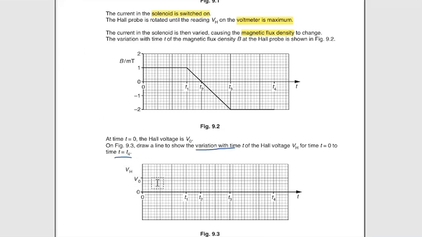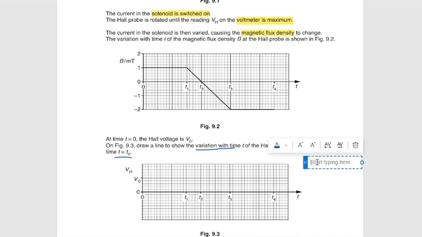So the first thing I would suggest is that you note down the formula for the hall voltage, which is hall voltage equals I B divided by N t Q. Do not confuse this t with the other t, because that t denotes time and this t denotes thickness here.